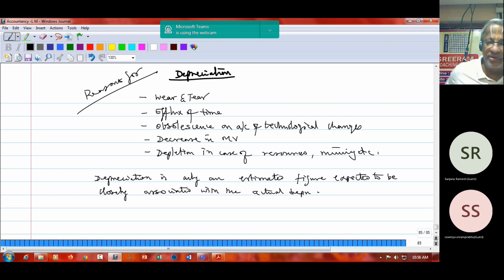Depreciation is only an estimated figure expected to be closely associated with the actual depreciation. Do you agree with me?